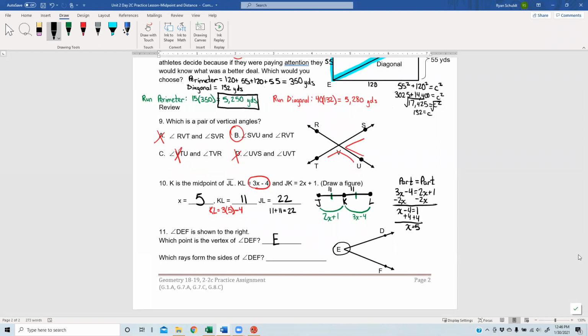We want rays here. I need 2 letters to name a ray, and each of them has to start at the vertex. So it would be ED is one and EF is the other. So ED and then EF.